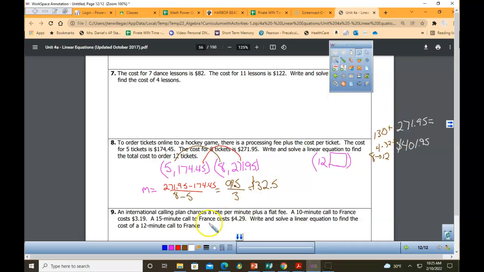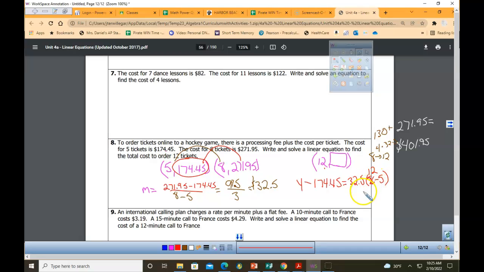Now, if you've been doing it the equation way, what you'd have to do is your y minus your y1 equals your slope times x minus your x1, which is 5. And then you would plug in 12 for your x. And then you go through and solve it.